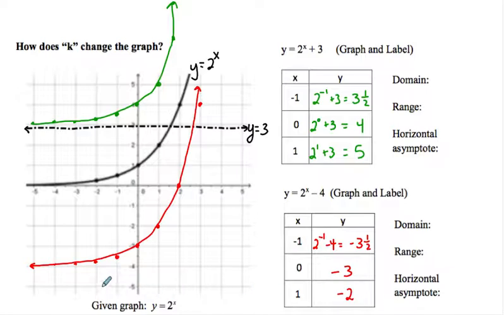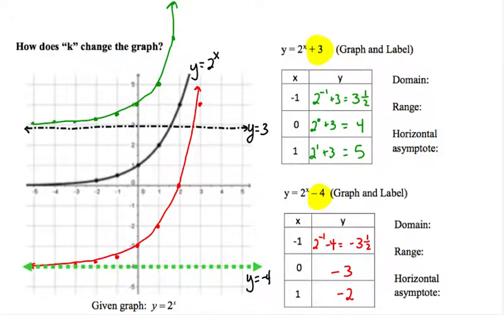What would the asymptote be for this one? Where does that line come through? Hopefully you notice that the asymptote there is back here at y equals negative 4. So hopefully you're observing that this value is shifting our asymptote up or down, and with it the graph of our parent function, 2 to the x.